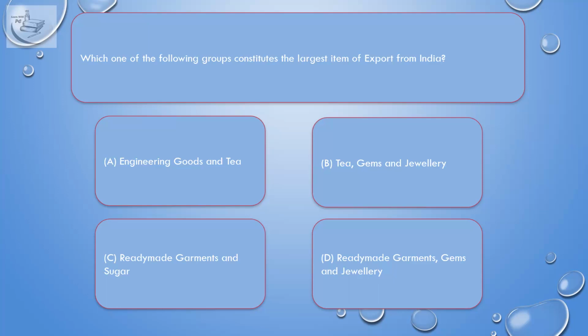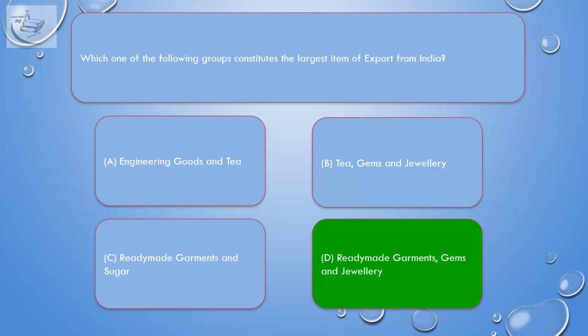A. Engineering goods and tea. B. Tea, gems and jewelry. C. Ready-made garments and sugar. D. Ready-made garments, gems and jewelry. Correct answer is D. Ready-made garments, gems and jewelry.